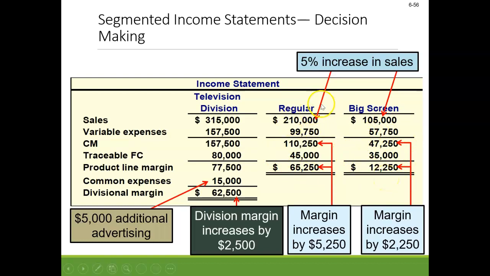Okay, so basically, in getting this information and breaking them down more, it just allows what if scenarios. If we could increase our sales by 5% by having 5,000 more in advertising, is it worth it? In this case, it is worth it because our division margin went up 2,500. Okay?